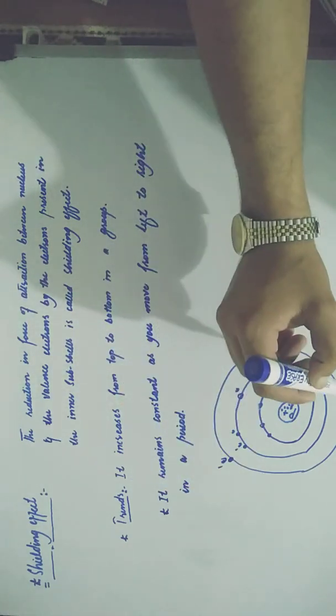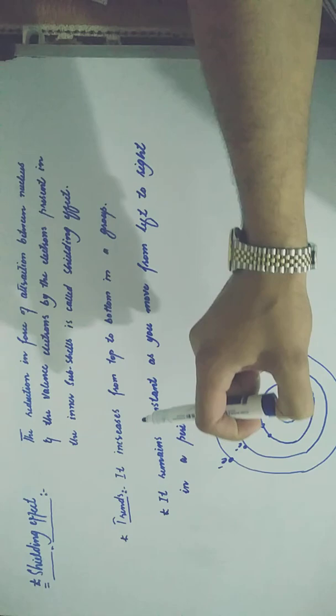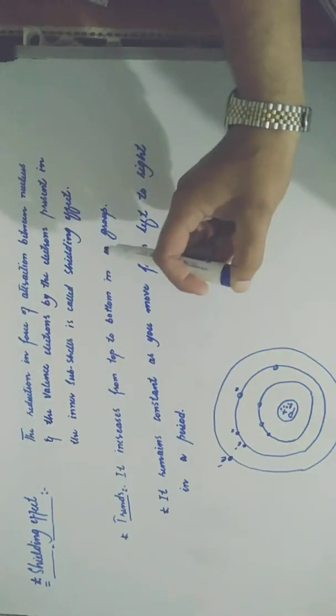So there are trends in the periodic table. You will find that it increases from top to bottom in a group.